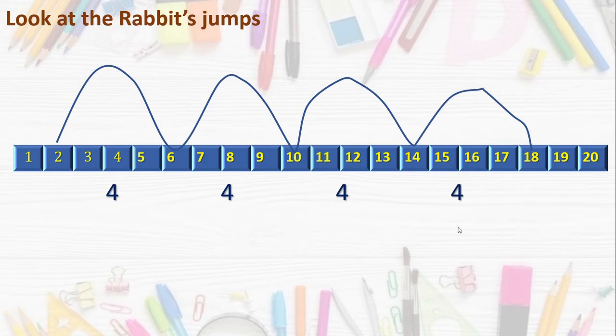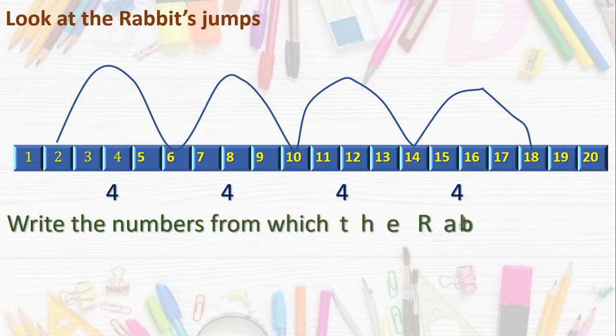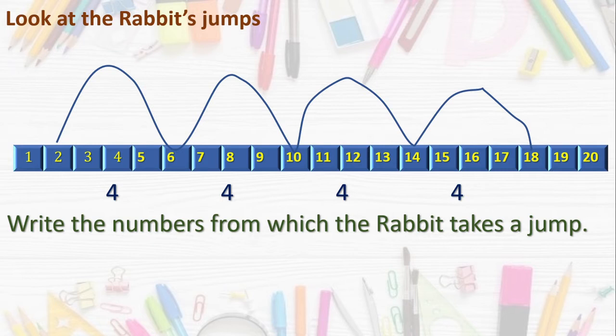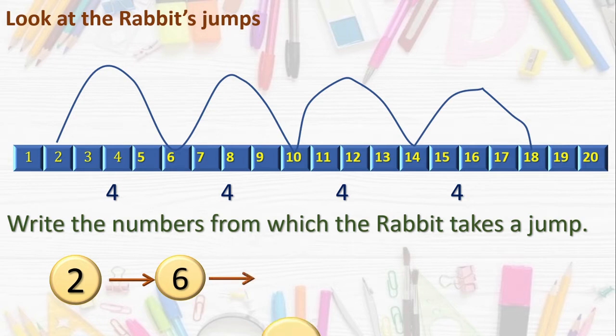Right? Here we will write the answer for this. Write the numbers from which the rabbit takes a jump. Yes, tell me. First, it started from 2, it jumped to 6. Then it jumped to 10, isn't it?